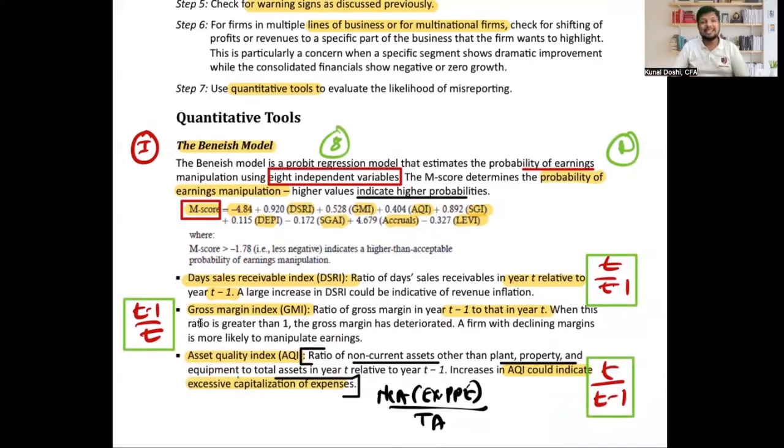So any increase in the non-current assets indicates what? It indicates excessive capitalization of expenses, which is a very aggressive thing, right? Even that increases the chances of manipulation.